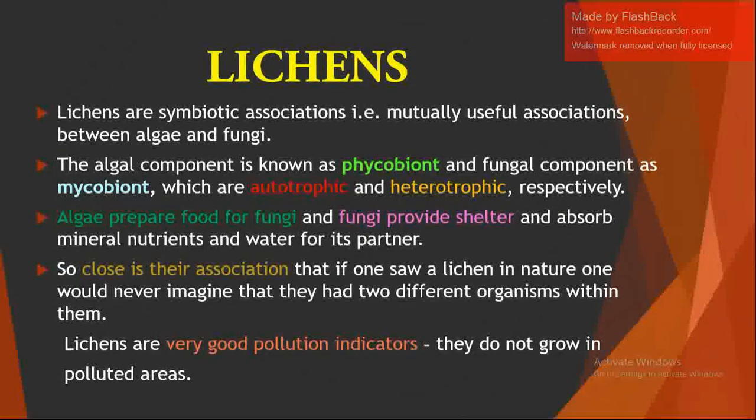And the last group of organisms or symbiotic group seen in this chapter, biological classification, is the most fascinating group. Interesting organisms are the lichens. Lichens are a symbiotic association, where two different species are mutually associated with each other.